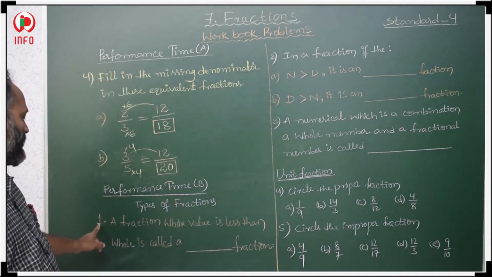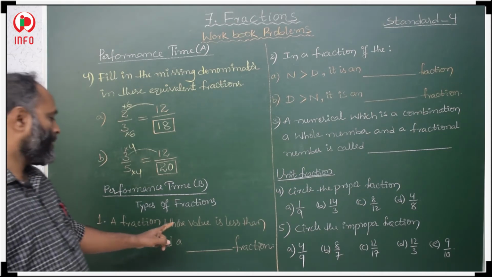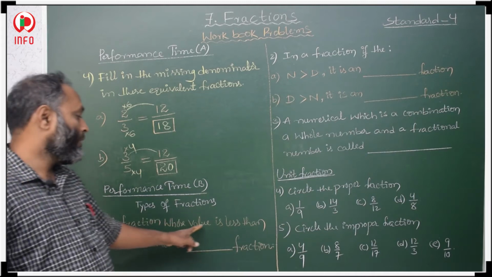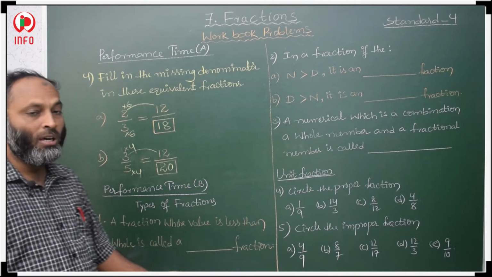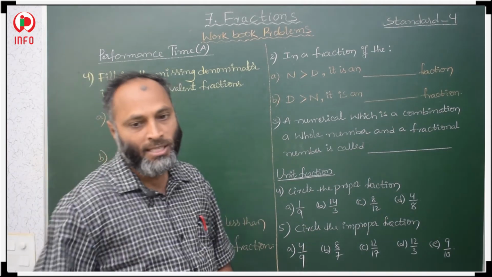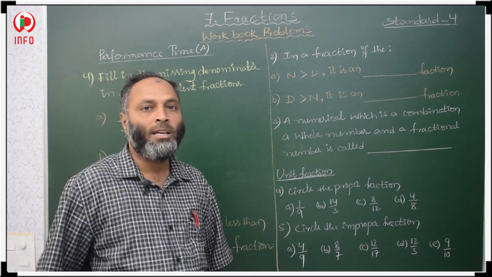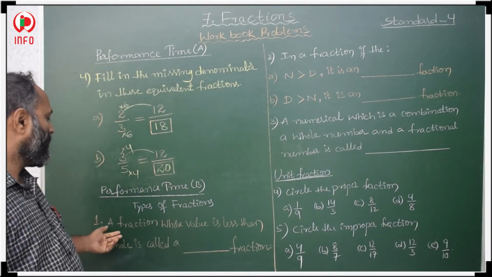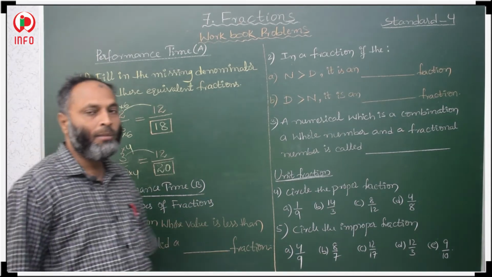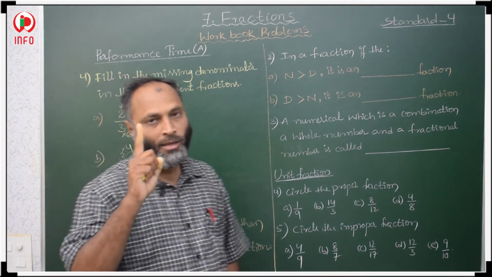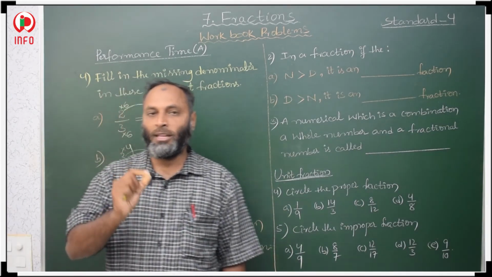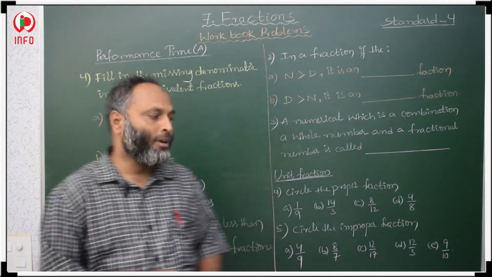First one: a fraction whose value is less than 1 whole is called a dash. So, if any fraction value is less than 1, then what is it called?